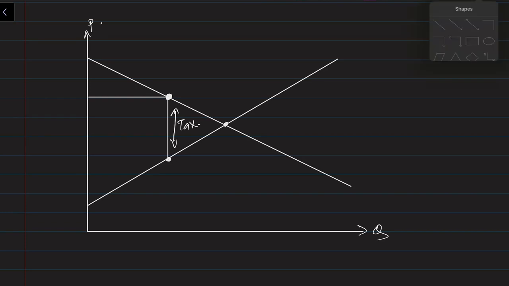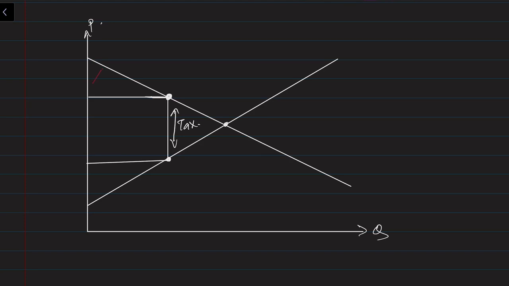All right, so now my question is, what is consumer surplus and what is producer surplus? So you know that consumer surplus is the area under the demand curve and the effective price paid by buyers. So this is the price paid by buyers and this is the demand curve.